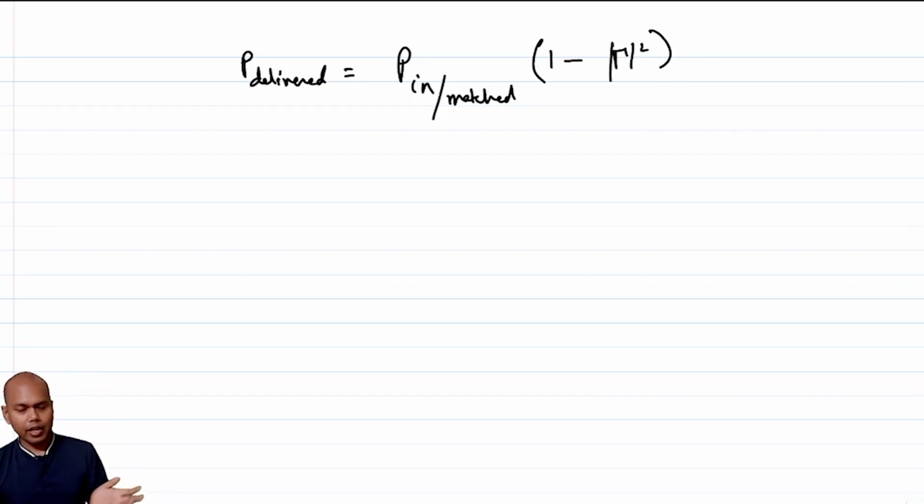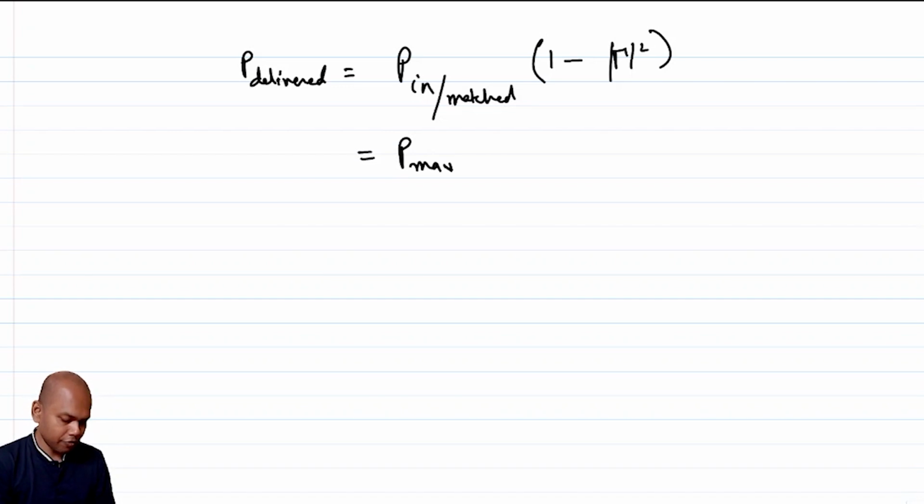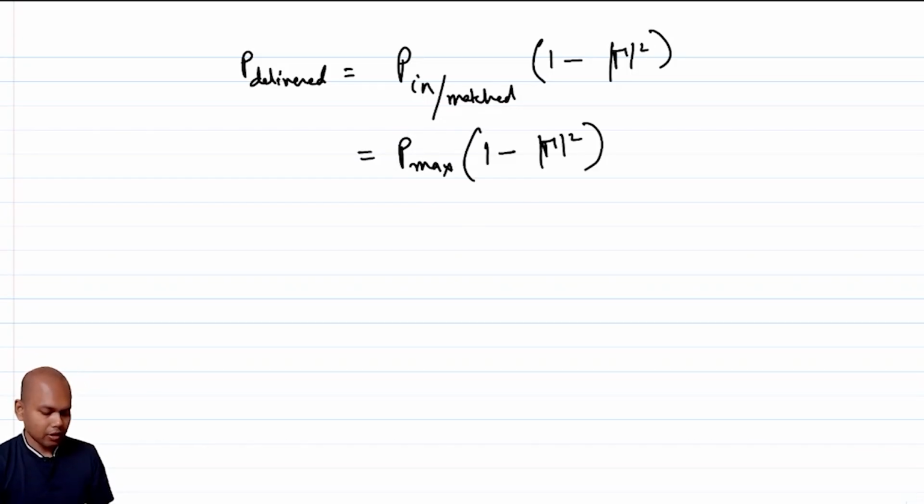And if I assume that your input resistance is real, then reflection match and power match conditions are identical. So this is equal to the maximum power that can be delivered to a load, times 1 minus the reflection coefficient squared.